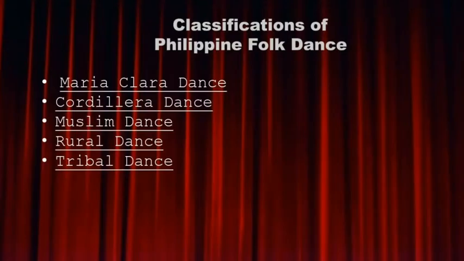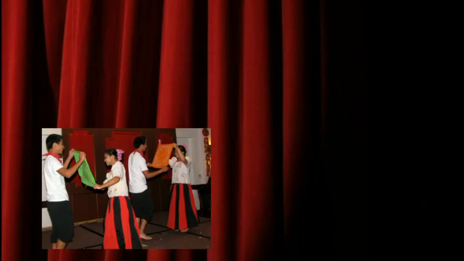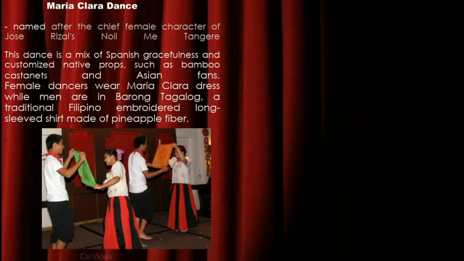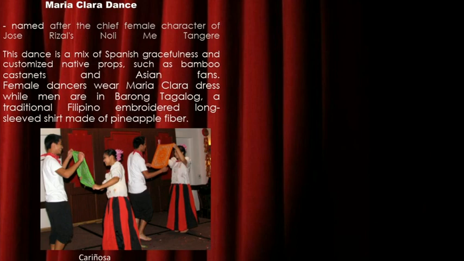history. So, there are five major classifications of Philippine folk dance, and these are the Maria Clara dance, Cordillera dance, Muslim dance, rural dance, and tribal dance. First, we have the Maria Clara dance, and it was a Spanish influence and Filipinized by the use of bamboo castanets and abanico.